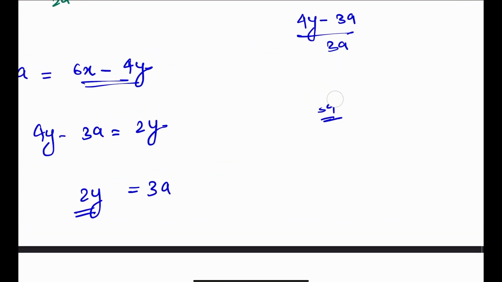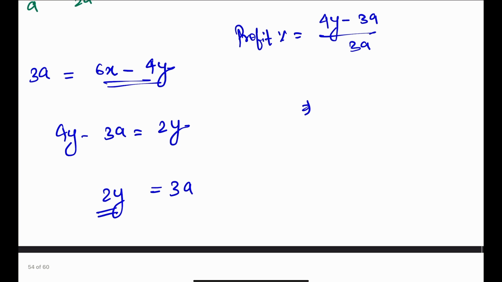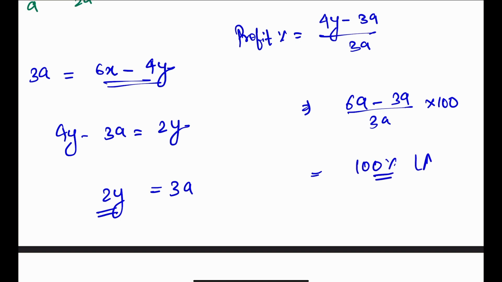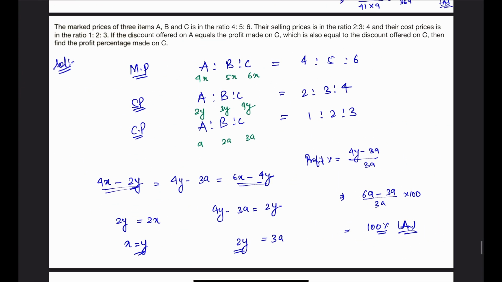So now I will replace this value, my profit percentage, instead of 4y I will write 6a, minus 3a upon 3a into 100, so it will be 100% profit. The answer of this question is 100% profit.